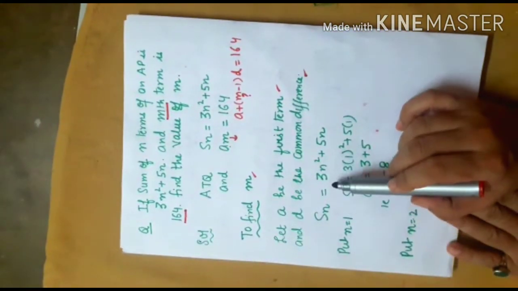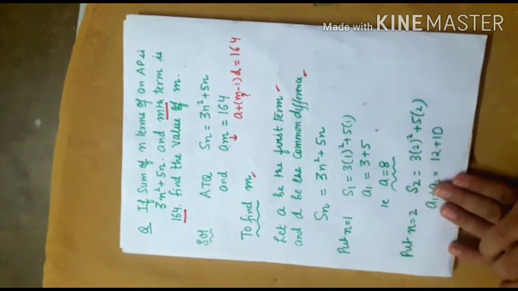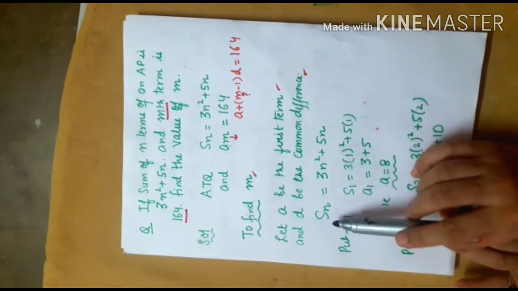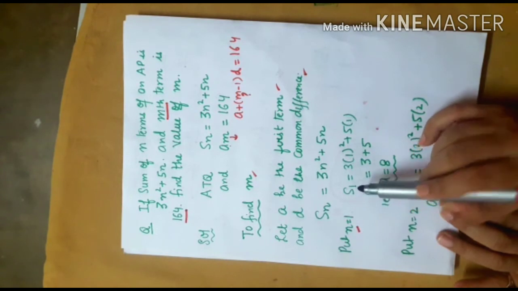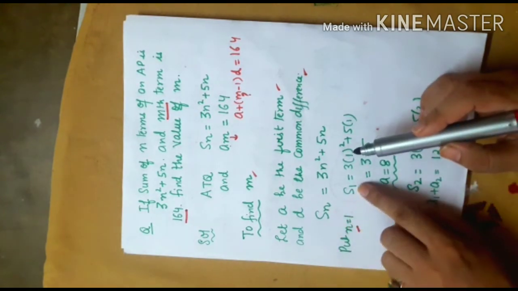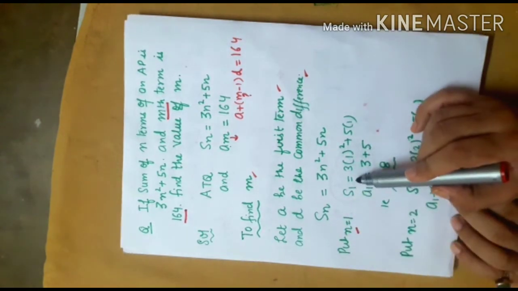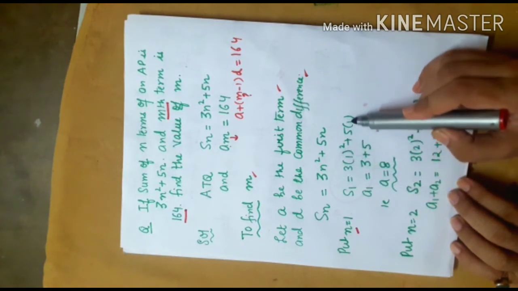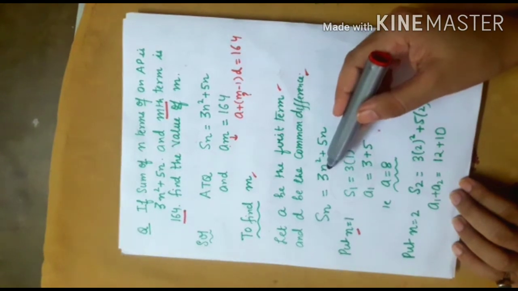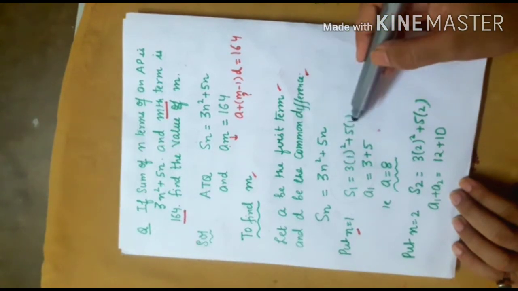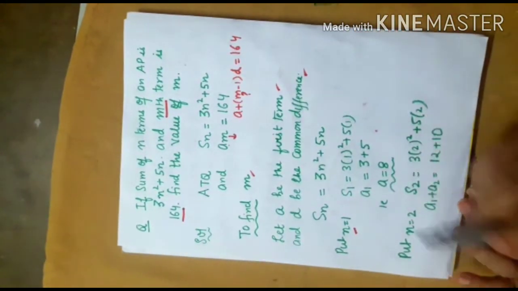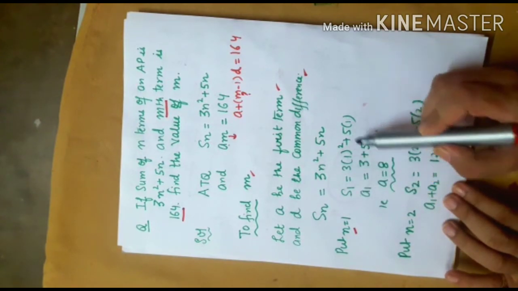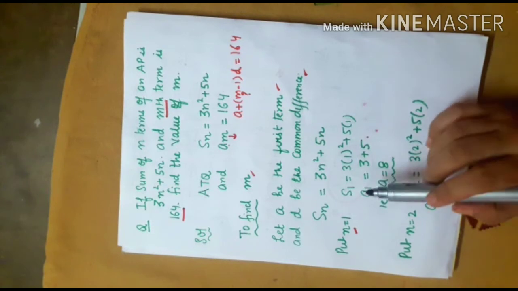Yes, Sn is equal to 3n square plus 5n. Here I'll put n equals 1. So on the left hand side I'll get S1 because n is replaced with 1. This is equal to 3 into square of 1 plus 5 into 1. Here also n has been replaced with 1. So S1 is equal to 3 plus 5, that is 8.